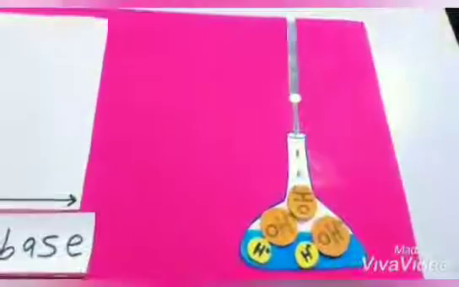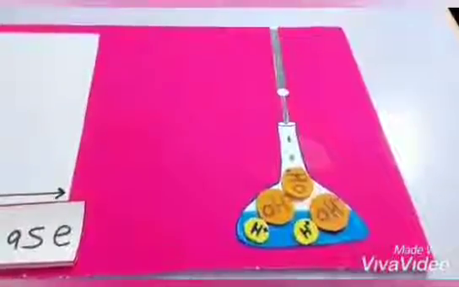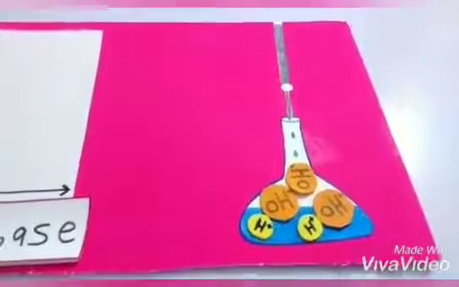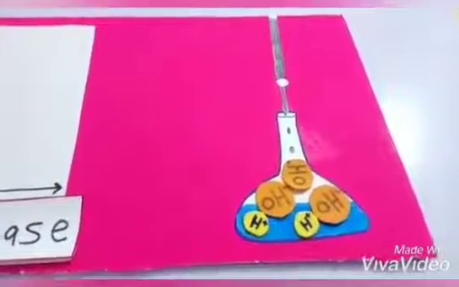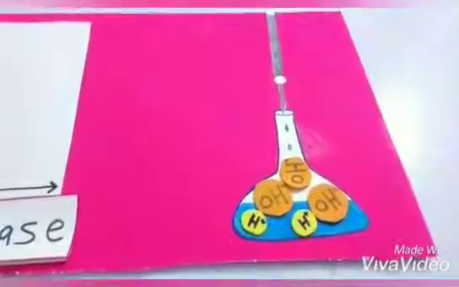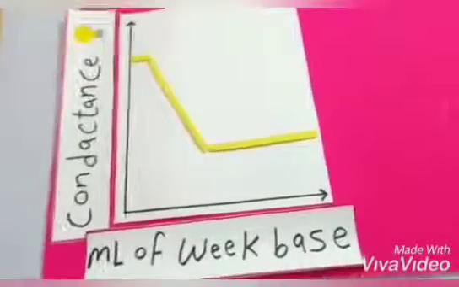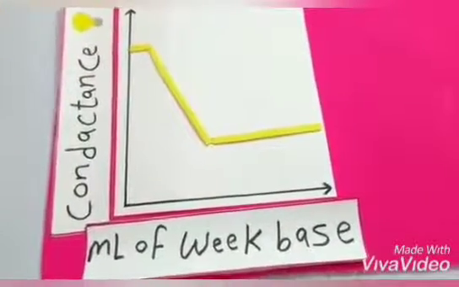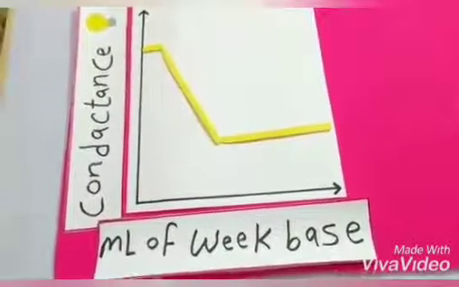After the equivalence point, addition of excess weak base will lead to no change in the titration curve. This will not increase the conductance, and the equivalence point becomes part of the curve. In this curve, we note that at the first, before we started titration, the conductance is high due to presence of hydrochloric acid.